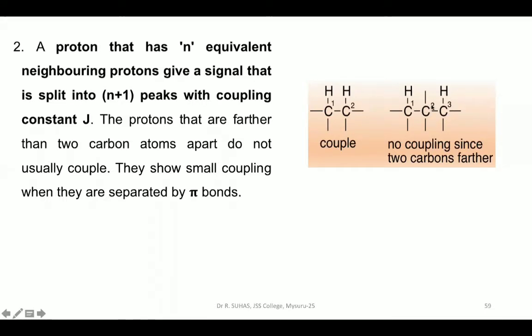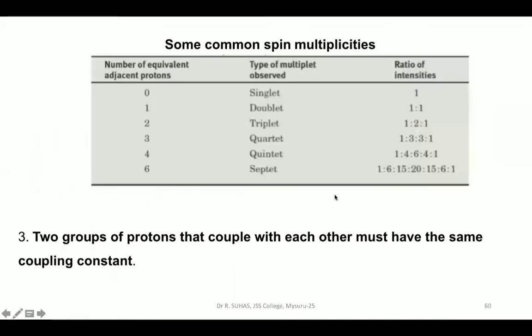If there is a pi bond, then the pi bond acts as a transmitter of the magnetic information from one carbon to another carbon, and hence coupling takes place. Since in this molecule there is no carbon double bond, you cannot expect any kind of coupling, because the 2 protons are separated by 1 carbon. This is the second rule.